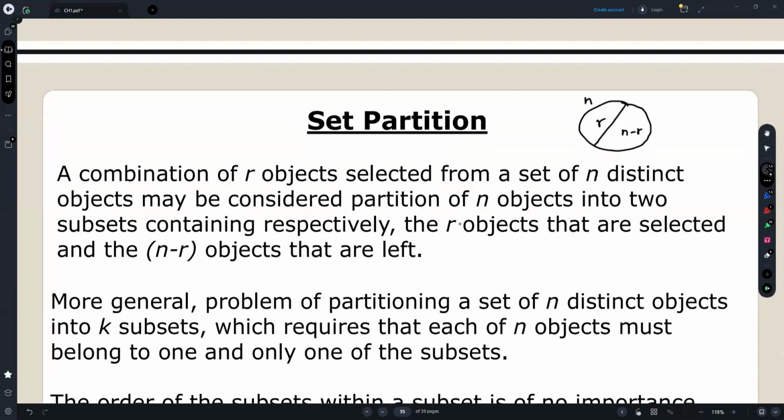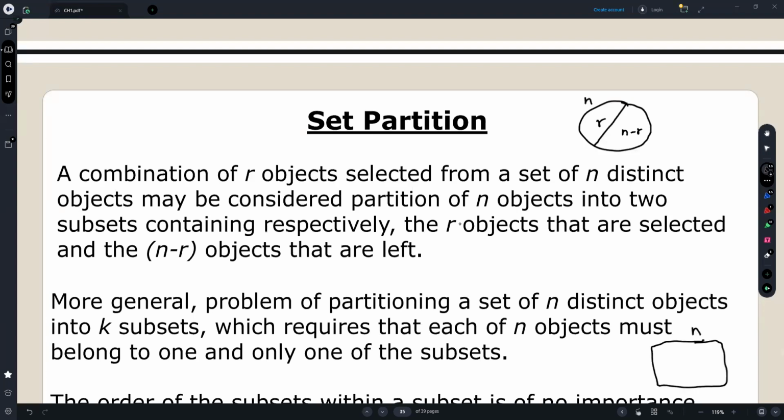If you take this into a general setup, you can partition the set of n objects into k subsets, right? Which requires that each of the n objects must belong to one and only one of the subsets, which means mutually exclusive, right?